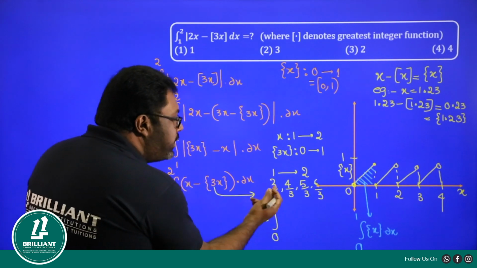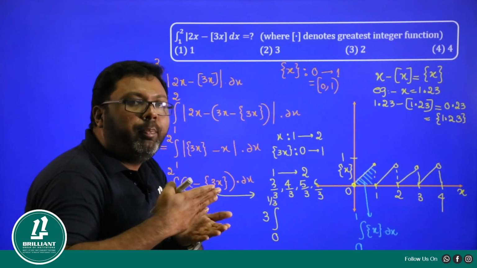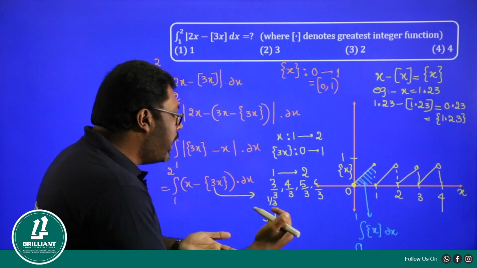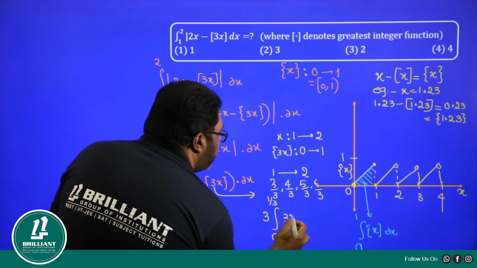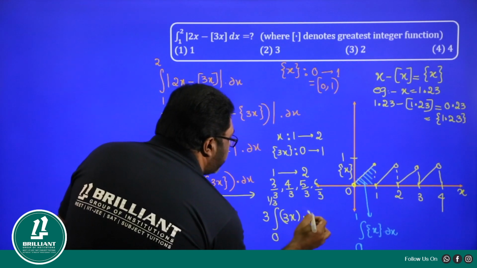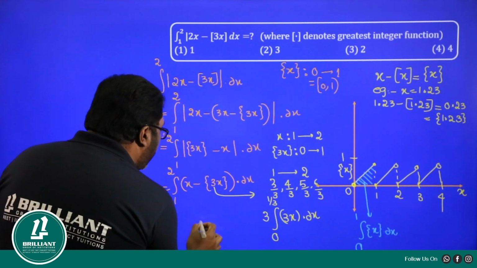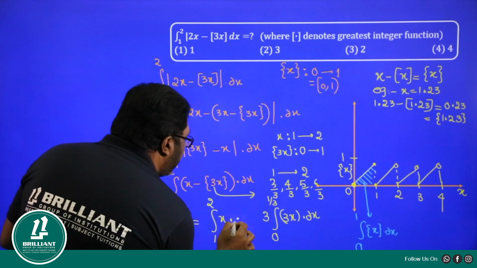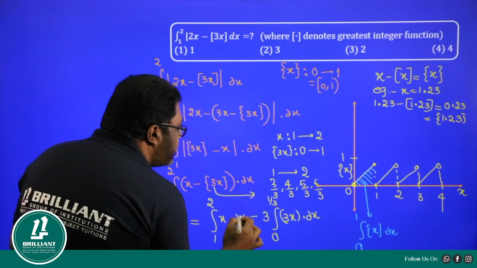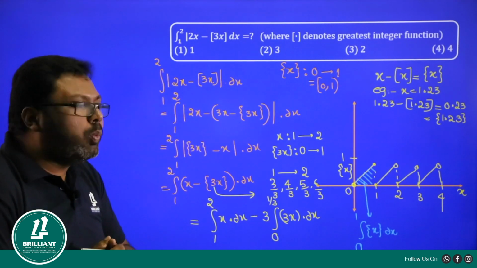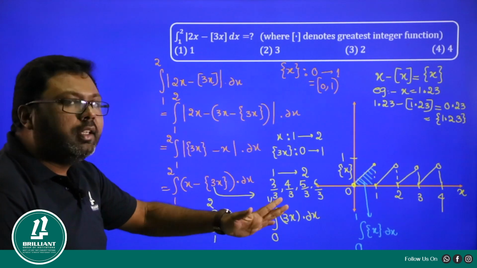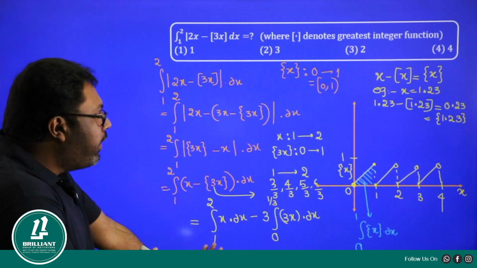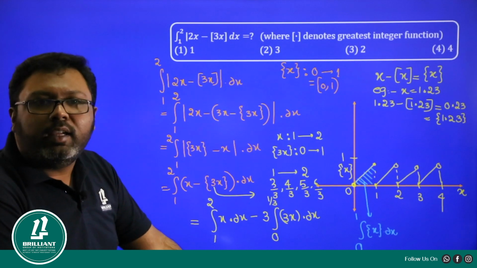So I am saying that 0 to 1 is divided into 3 parts, which is 1 by 3, 1 by 3, 1 by 3, which is 0 to 1 by 3 of 3x dx. Okay, now this is going to be integral 1 to 2 of x dx, minus 3 times integral 0 to 1 by 3 of 3x dx. Now it is a normal definite integral question which you can simply evaluate and find the integral.